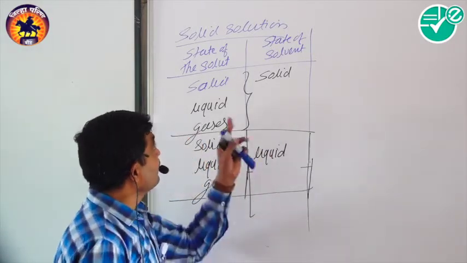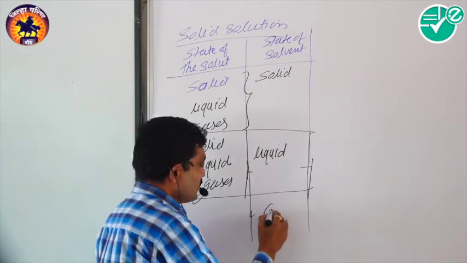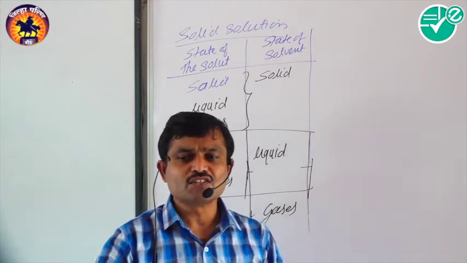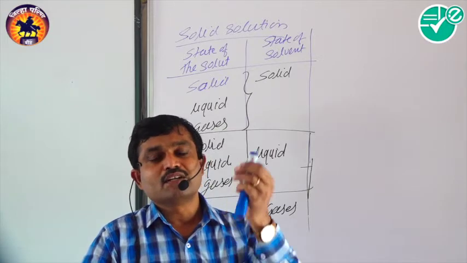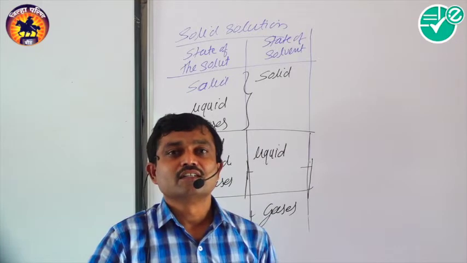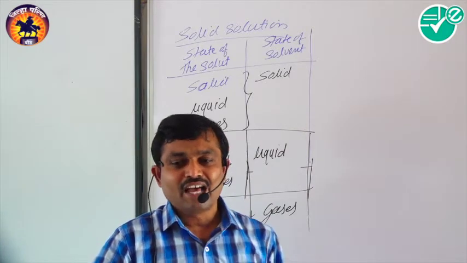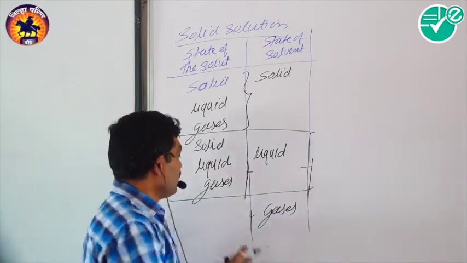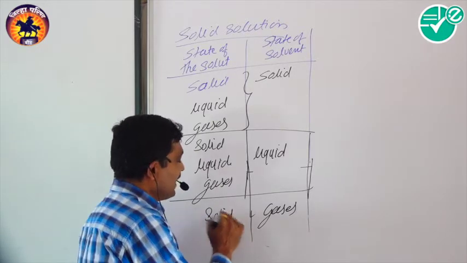Now the other one: solid, liquid and gaseous solution. If you consider the gaseous solution, solid is the solute and gas is the solvent. The well-known example is iodine in air, which is the example of solid in gases.